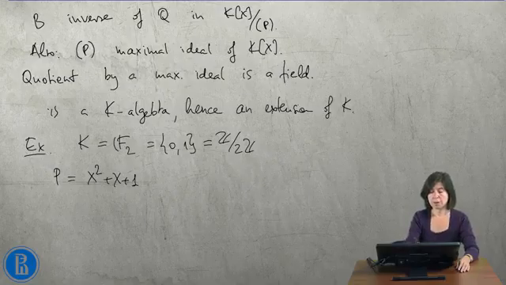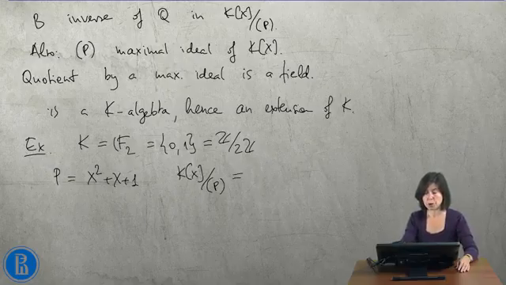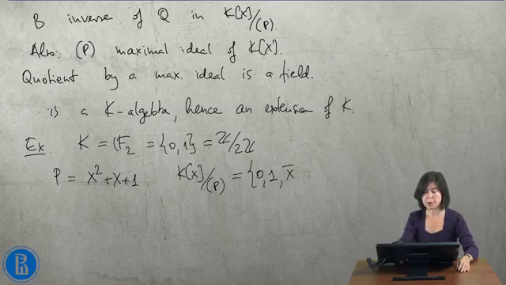Then K of x modulo P is a field of 4 elements. It contains 0, 1, the class of x modulo P, let me denote it by x bar, and the class of x plus 1 modulo P, let me denote it by x plus 1 bar.